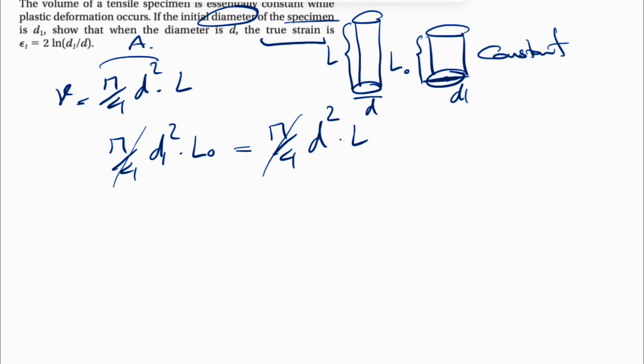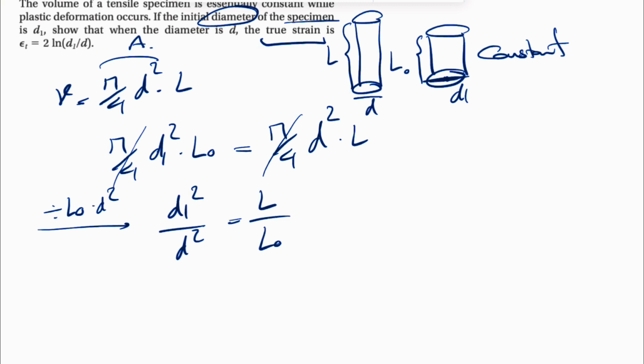If we divide this by L0 times d squared, on the left side we have d1 squared over d squared, and on the right side we have L over L0. And we know this part can be written as d1 over d all to the power of 2.